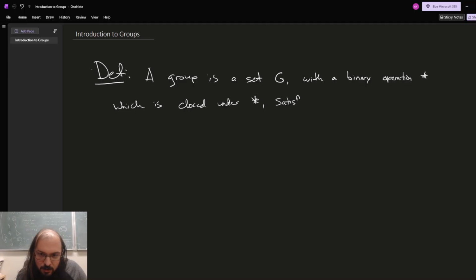We ask that it satisfy 3 axioms. So we have axiom G1. We ask that our star operation is associative.